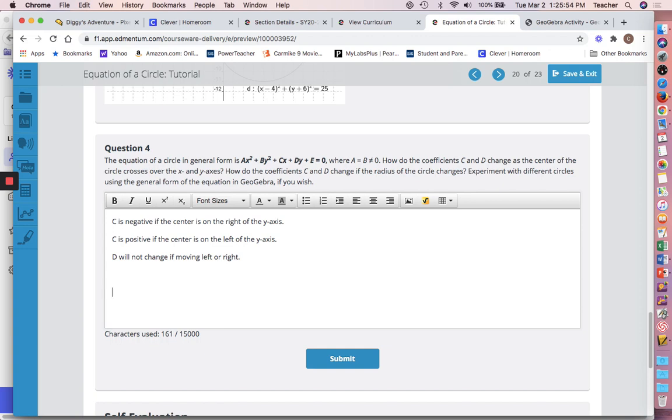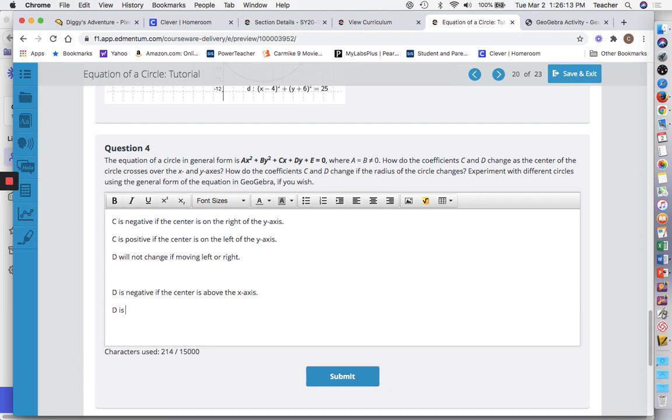Okay, now let's tackle what happens to the D and to the C. All right, so D is negative if the center is above the x-axis. D is positive if the center is below the x-axis.